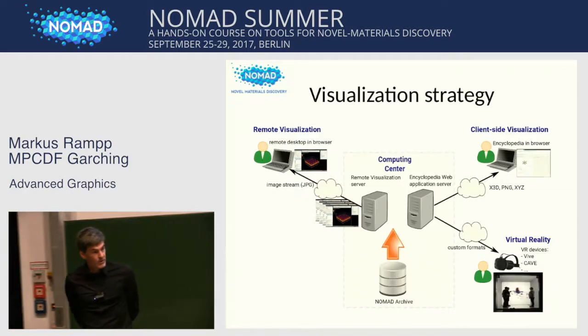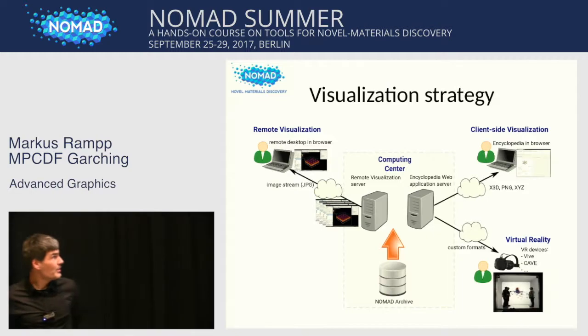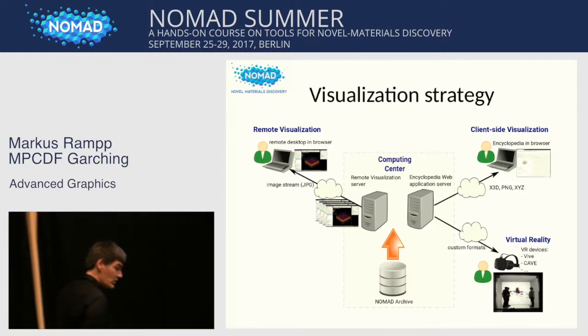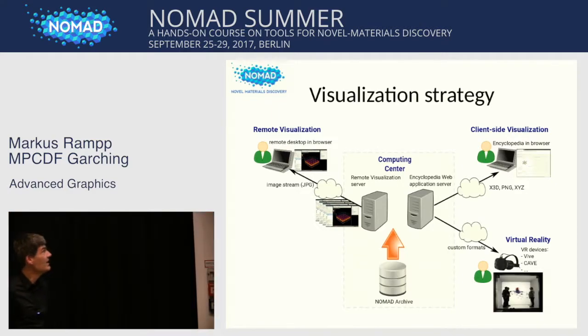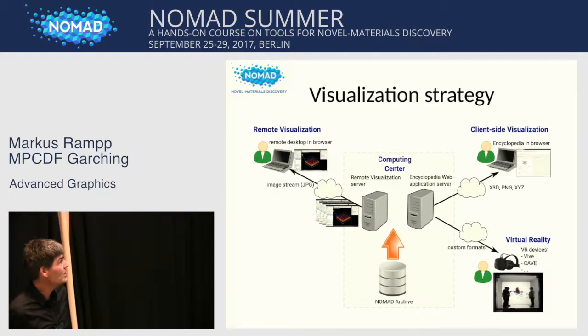Now this tries to summarize a little bit what I've said a minute ago. So you have the NOMAD archive, the parsed data, let's say, in the terminology which has been mentioned yesterday. And there is machinery or machines which host this remote visualization service.